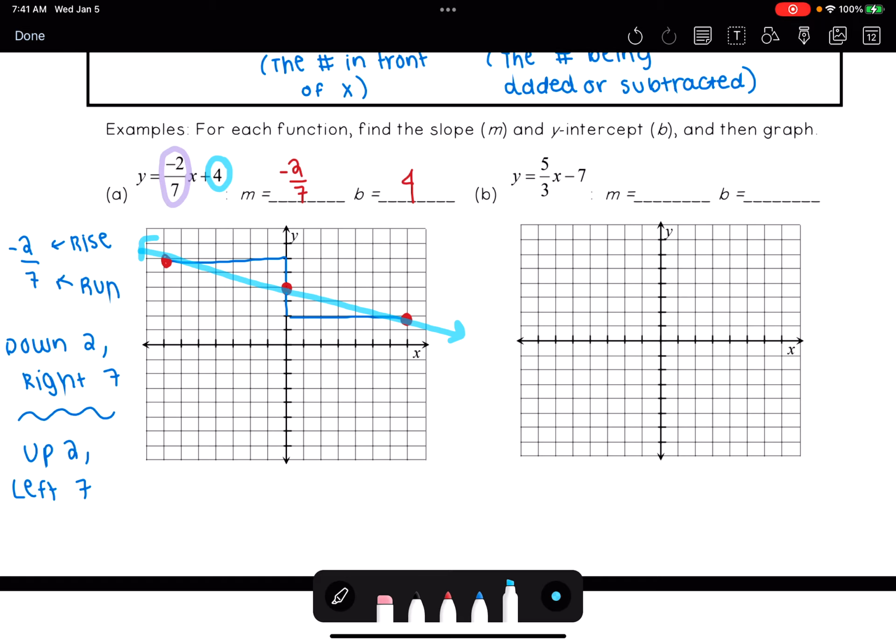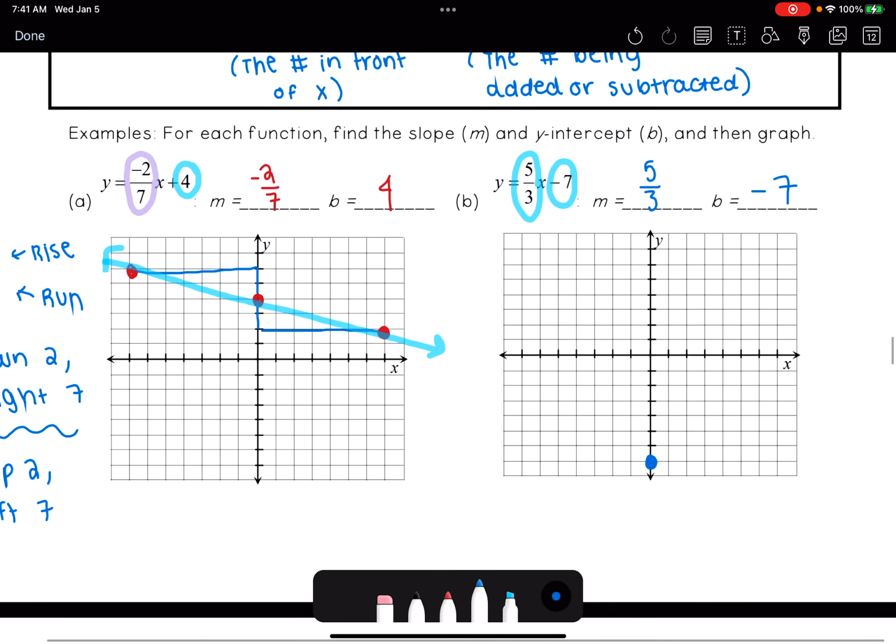So let's try that again. Our slope is 5/3. Now be careful, our y-intercept is -7. It's whatever is the entire number being added or subtracted. So now we find -7 on the y-axis, and 5/3 for the slope means up 5, right 3.